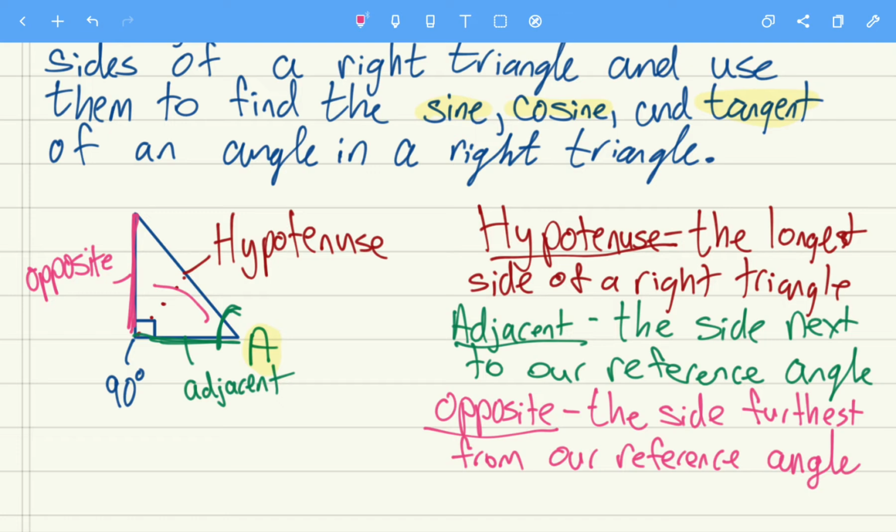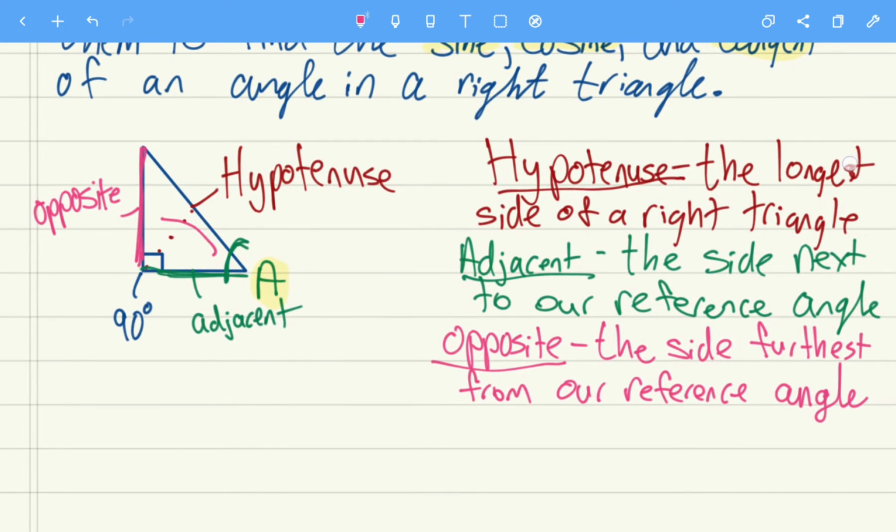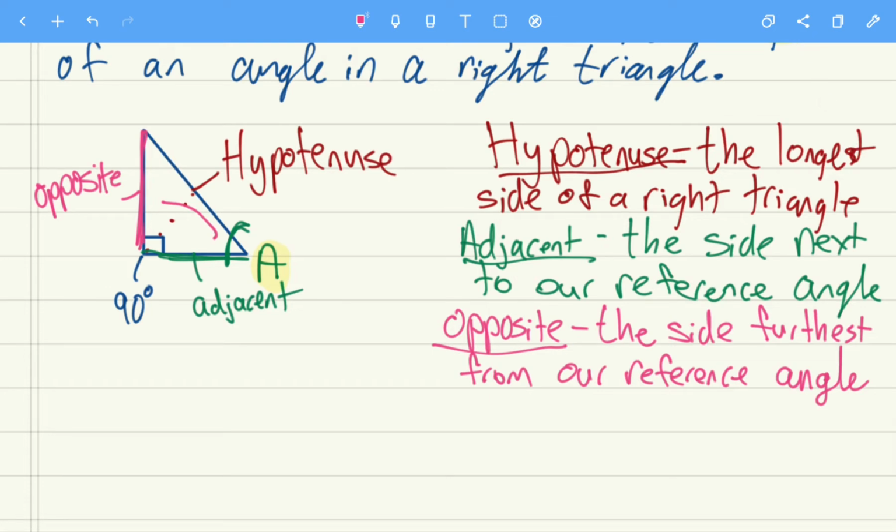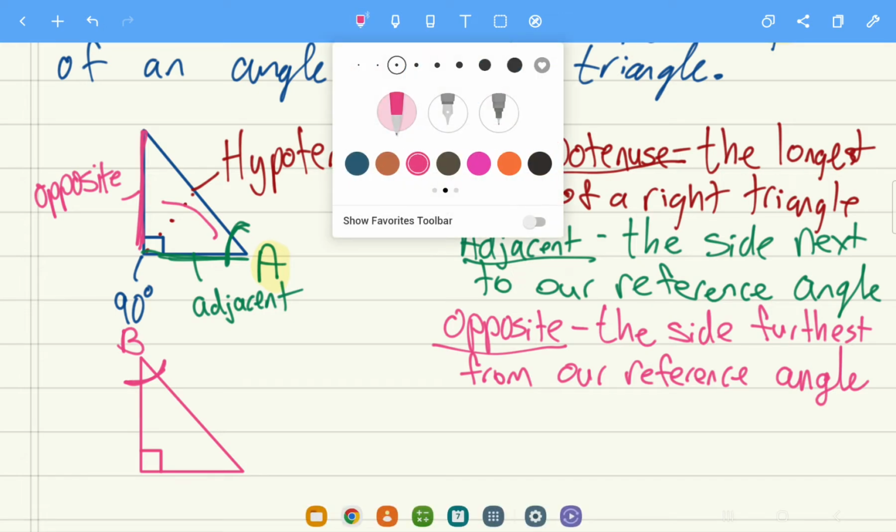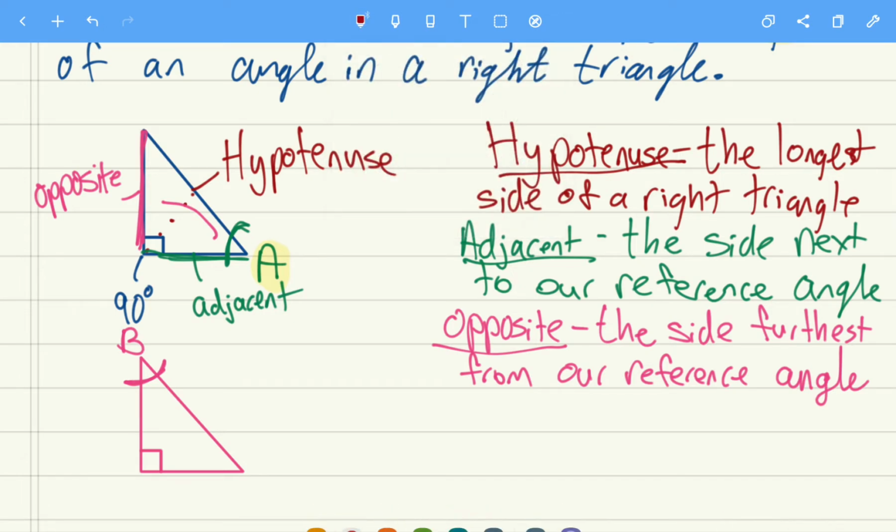Now, these three sides do depend on which angle we choose for our reference angle. So let's say I have another right triangle here. And let's choose this angle as our reference angle. Let's label that angle B. Hypotenuse is always going to stay the same because that is the longest side.